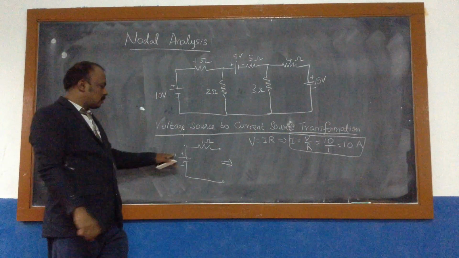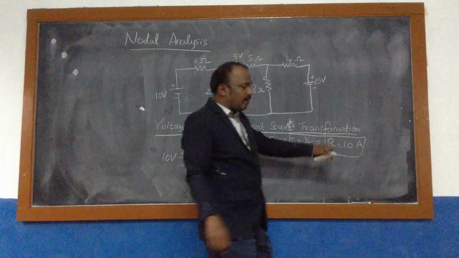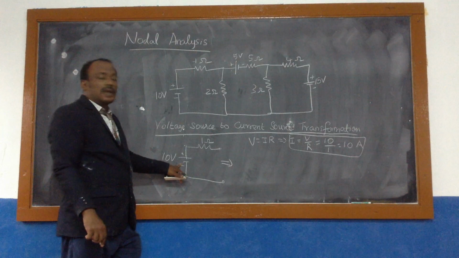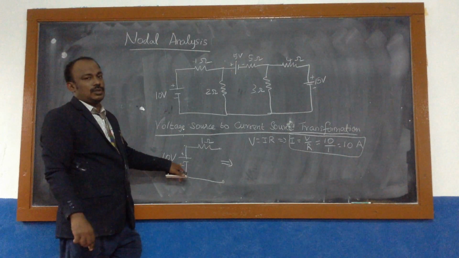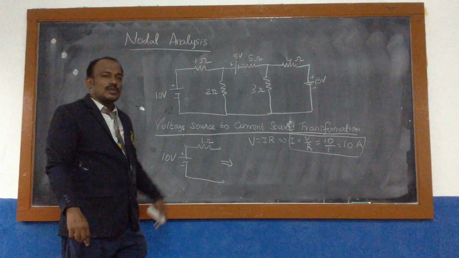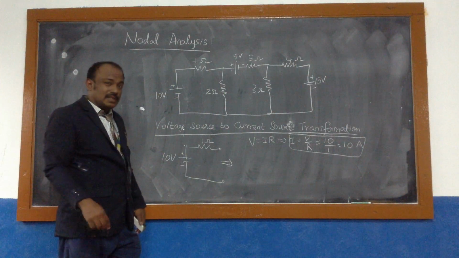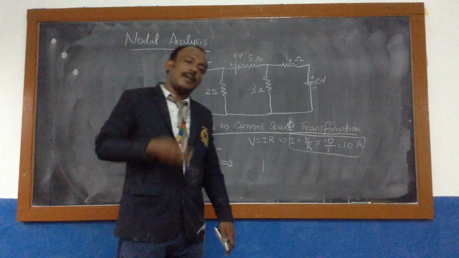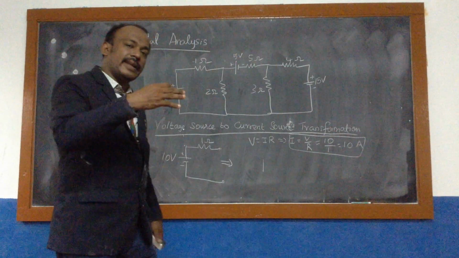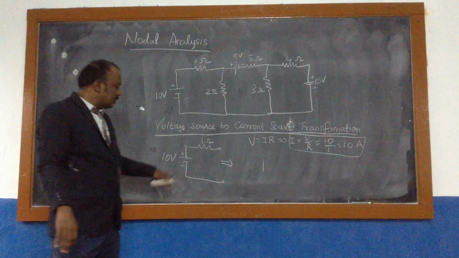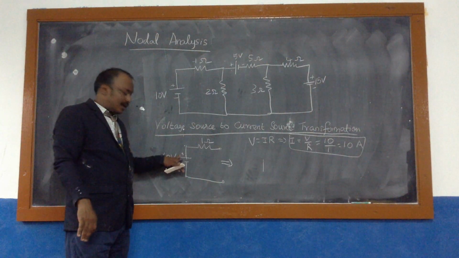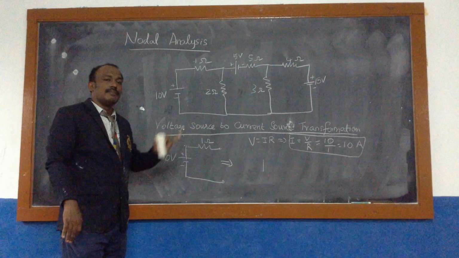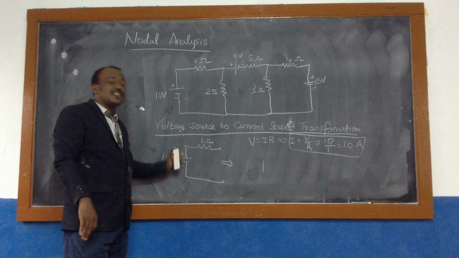So now the voltage source is converted into a current source. The symbol for the voltage source has positive and negative signs, and for the current source it is an arrow mark. Is it upward, downward, right or left? Since the positive is at the top and the negative at the bottom, the arrow should point towards the positive direction.